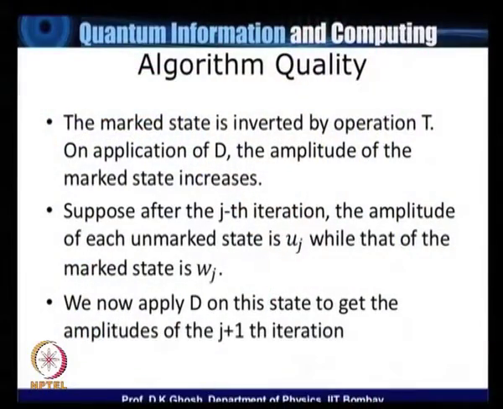Now, what we are going to do is this. We are going to say, suppose after the jth iteration, the amplitude of each unmarked state is u. Remember that the unmarked states are all at par, so whatever is the amplitude in the computational basis of one state, the same is true for all the unmarked states, and that of the marked state is w.